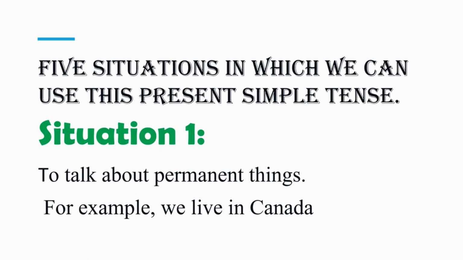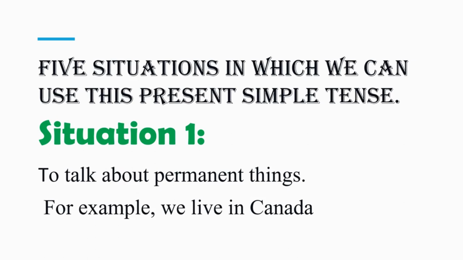It doesn't mean that I never lived anywhere else or I would never go anywhere else, but it means that it's true for a long time. This is where I live most of the time. Maybe I go visit other places, but this is where I'm settled. So I would use present simple tense in this kind of situation.